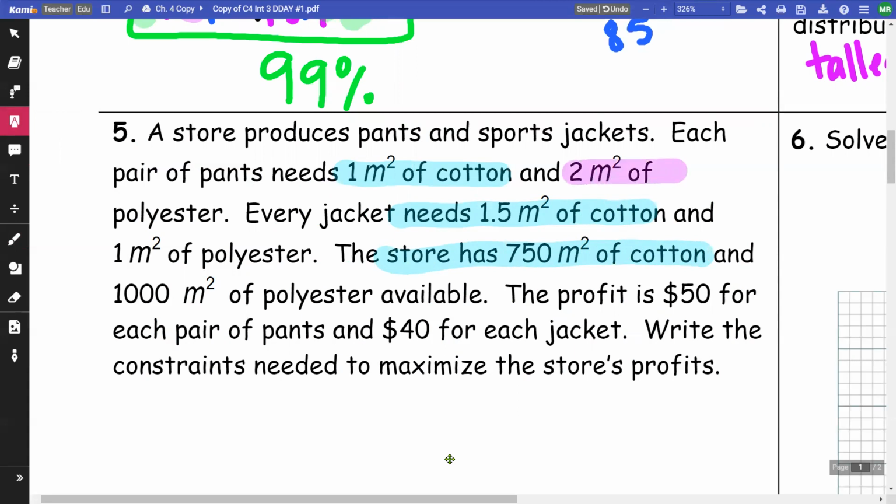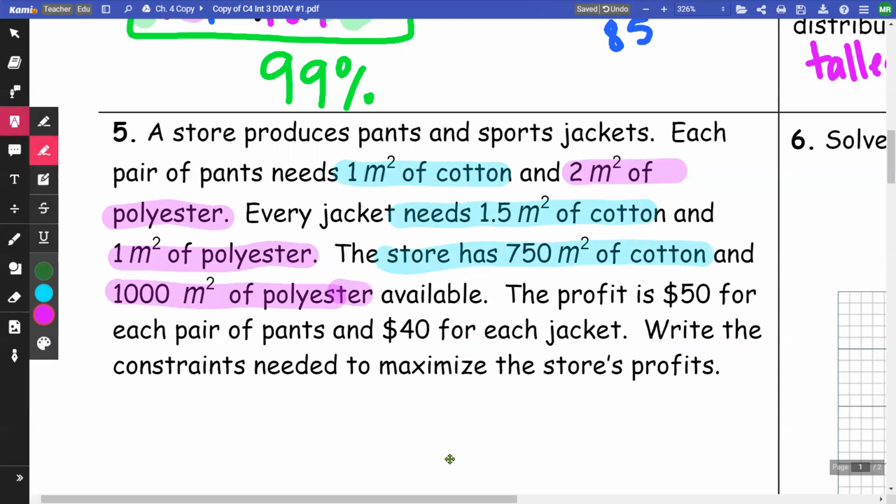So let me just highlight my polyester, 2 square meters of polyester for the pants, 1 for the jacket, and 1,000 for the total amount that we have.